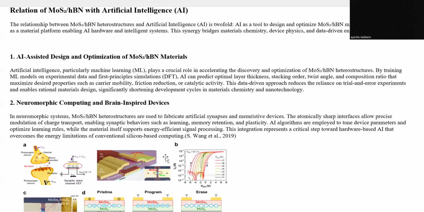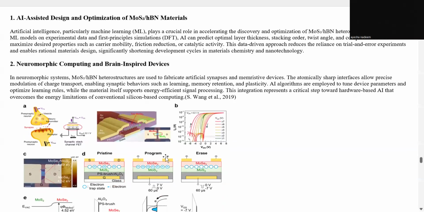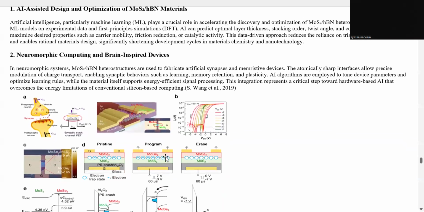The second one is neuromorphic computing and brain inspired devices. In neuromorphic systems, molybdenum disulfide and hexagonal boron nitride heterostructures are used to fabricate artificial synapses and memristive devices. The atomically sharp interfaces allow precise modulation of charge transport, enabling synaptic behaviors such as learning, memory retention, and plasticity.